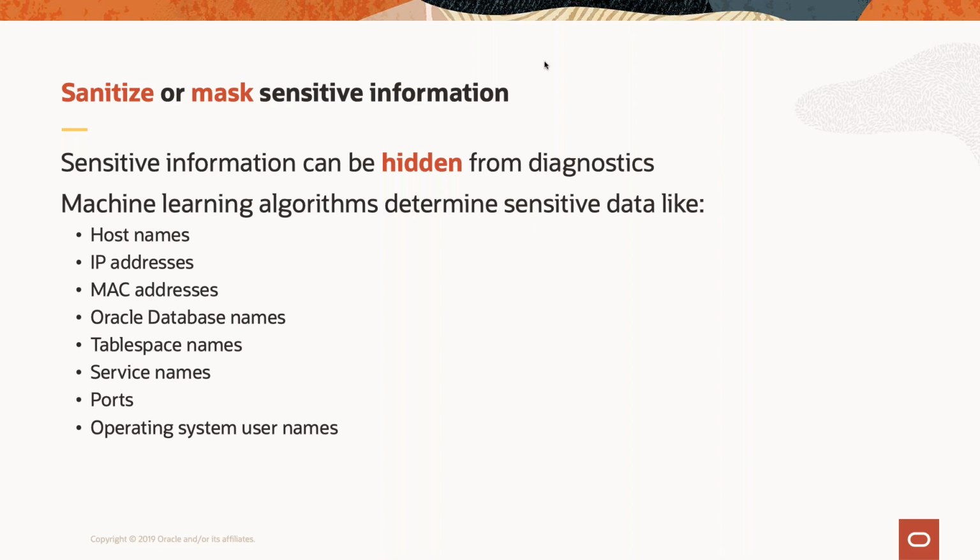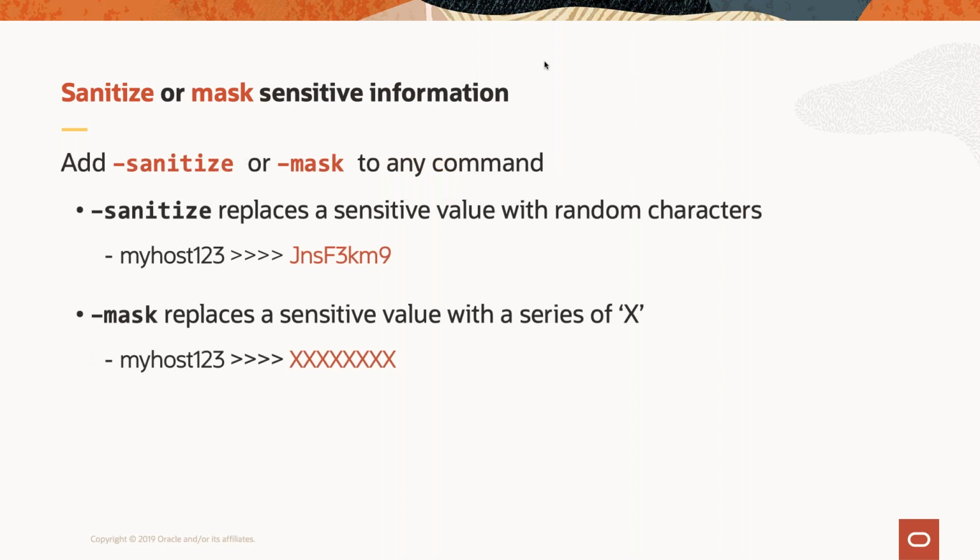It allows you to go through and analyze issues, and we run more than 3,000 checks to find out what is happening on the system. A lot of stuff is captured as part of this process. Some customers don't like it, so they provide this option called sanitize, where we obfuscate sensitive values with random characters.